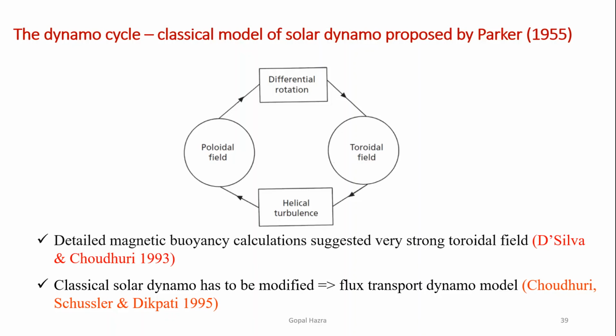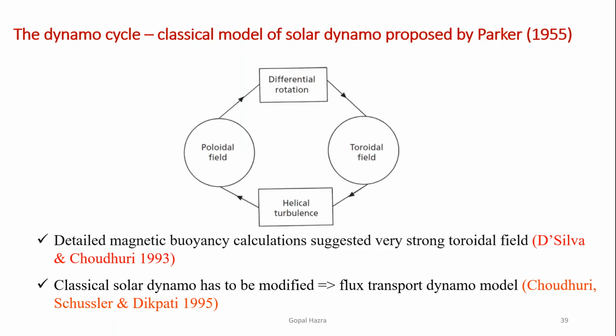But in the 90s, there were a few simulations of flux tubes to create sunspots. They found that in order to match the observed sunspot distribution, we need around 10 to the power 5 Gauss of field at the bottom. And then we found that this magnetic field is strong enough that the velocity field which is there will not be able to do this helical induction.